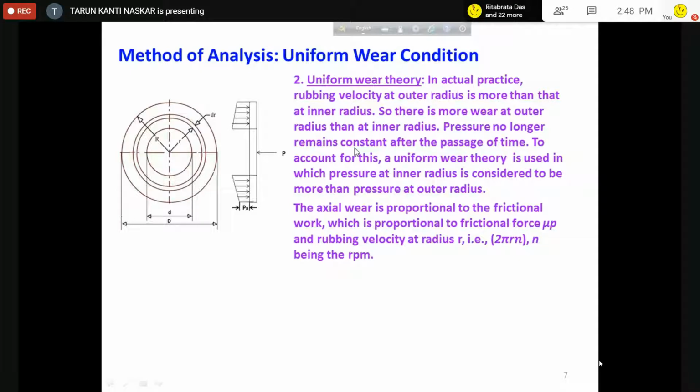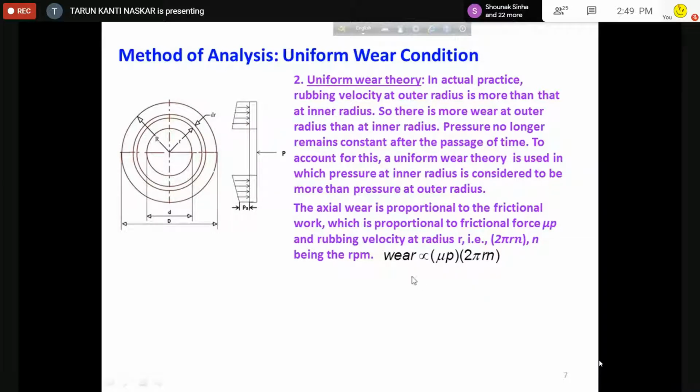Now this frictional work is proportional to frictional force, mu p, and rubbing velocity at radius r, that is 2 pi r n, if n is the RPM. So wear is proportional to mu p multiplied by 2 pi r n.